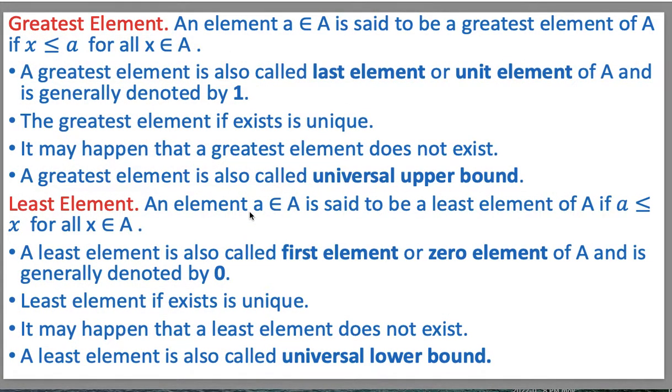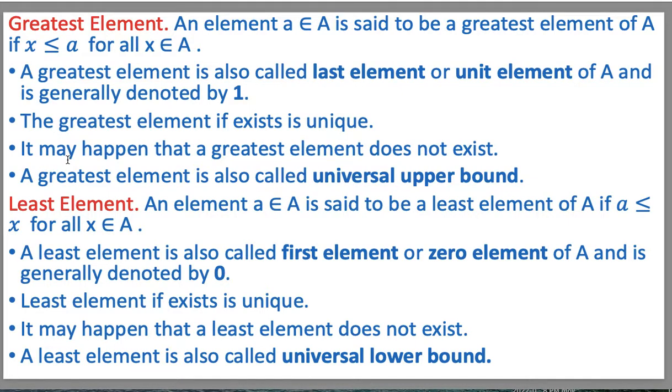Now, what is the greatest element? An element A belonging to A is said to be the greatest element of A if x is less than or equal to A for all x belonging to A. And this greatest element is also called last element or unit element. We generally denote it by 1. The greatest element, if it exists, is unique.